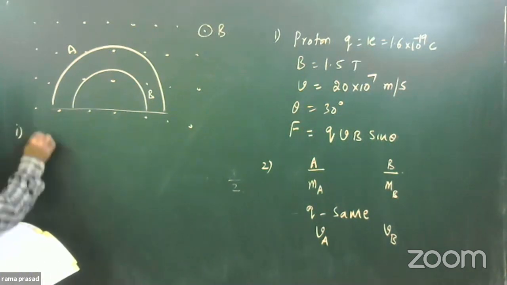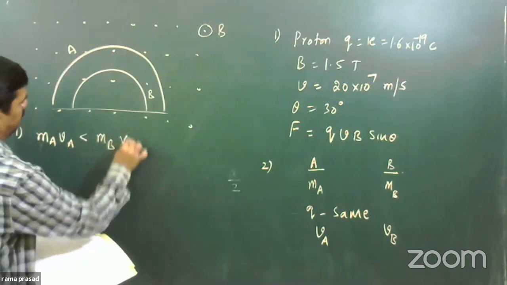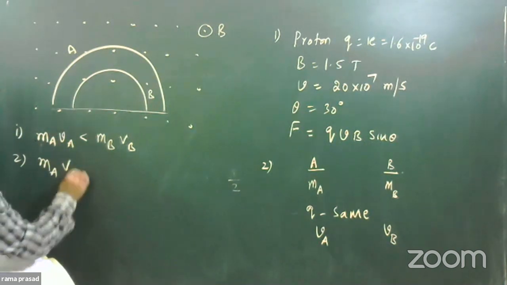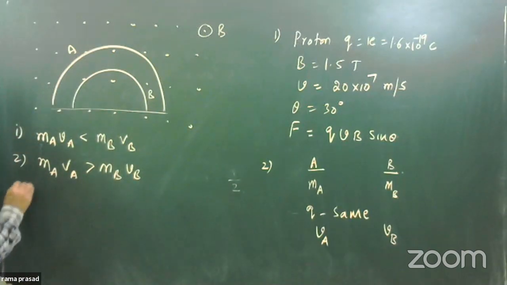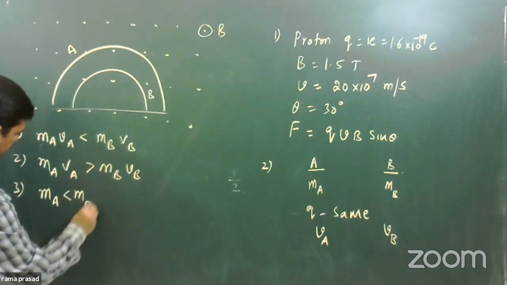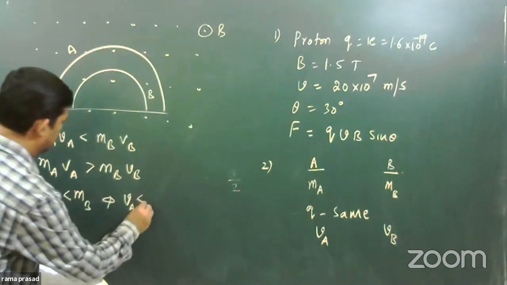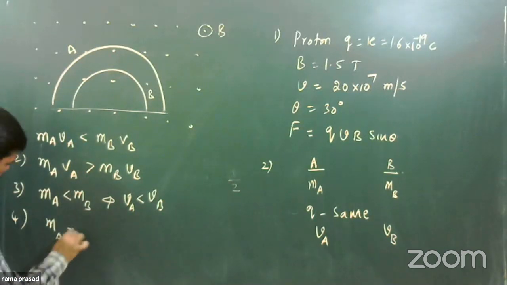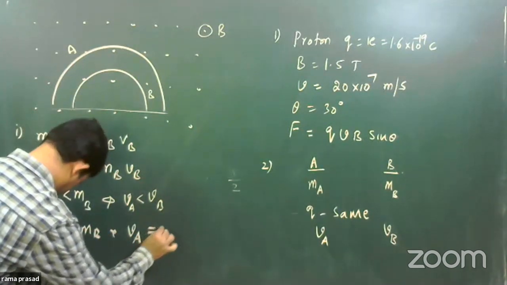Options are given in this way: MA less than MB; second option, MA greater than MB; MA less than MB and VA less than VB; MA is equal to MB and VA is equal to VB.